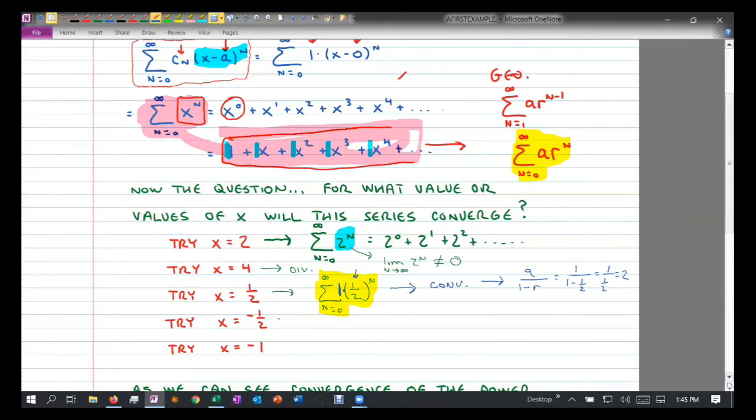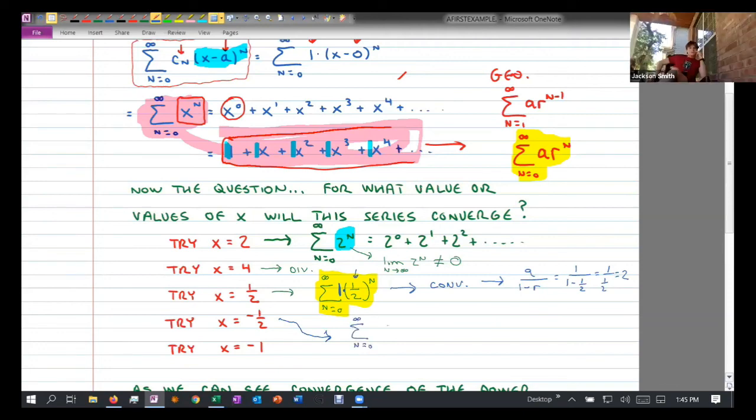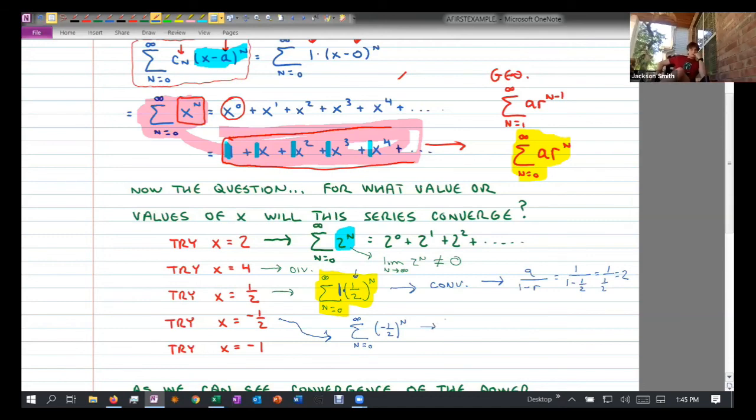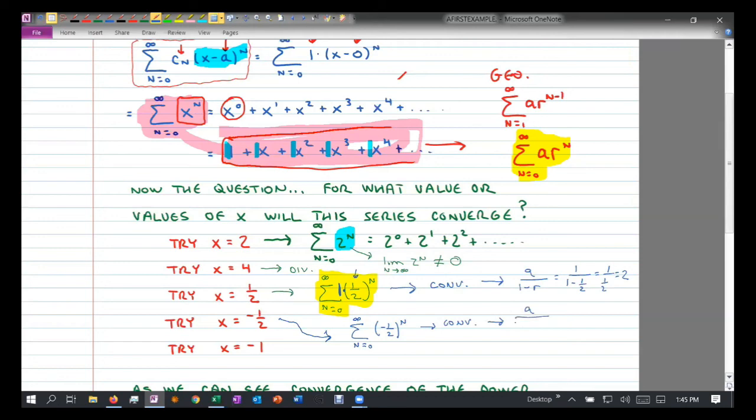What about this one? I didn't give myself enough room here. What about if we do the series and we plug in negative 1/2? It would converge because the absolute value of r is still less than 1. It's geometric, right? It would converge to a over 1 minus r, but r is actually negative a half. a is 1.